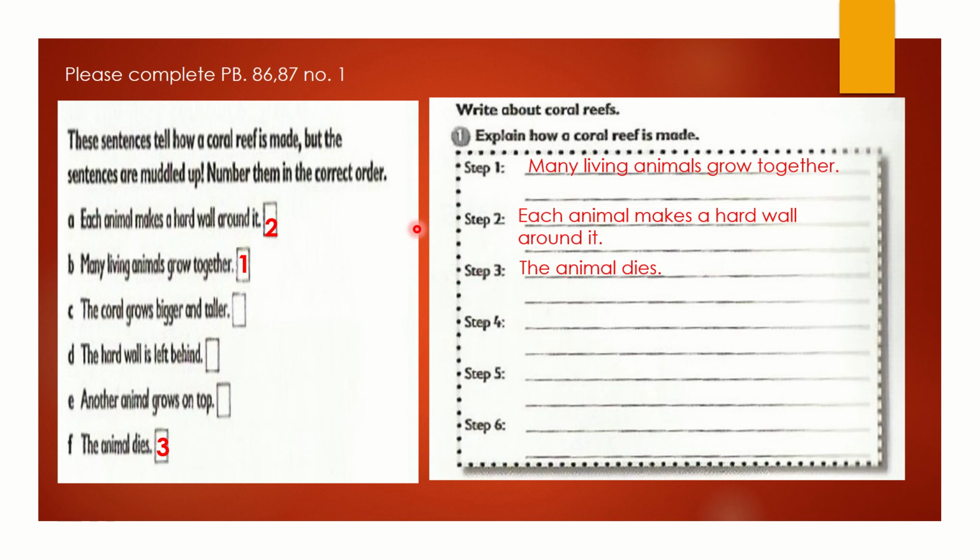Now, what comes after that with step number 4, number 5, and number 6? Please fill that in for yourself. Remember to write in pencil so that you can erase if you have made a little mistake. Please focus on your spelling. Now, I will send an answer key to you about these 2 pages.